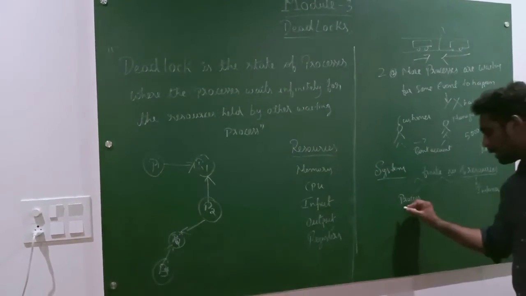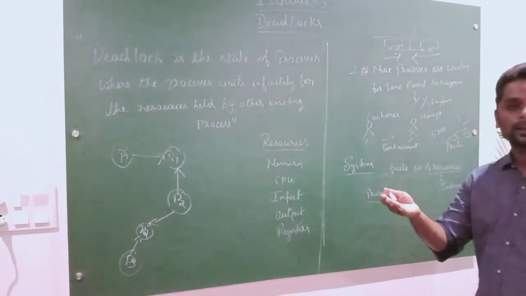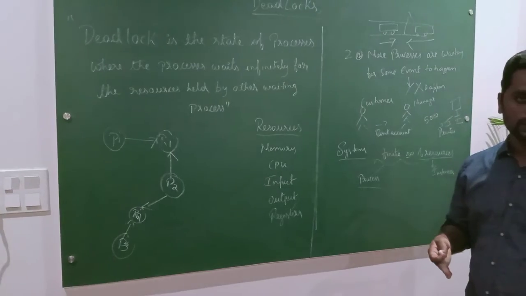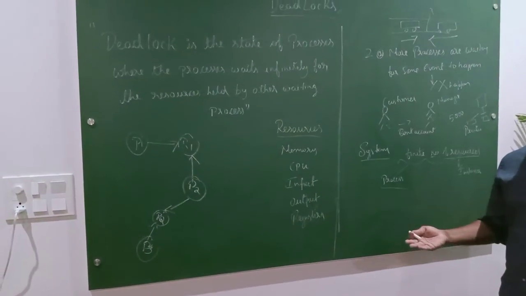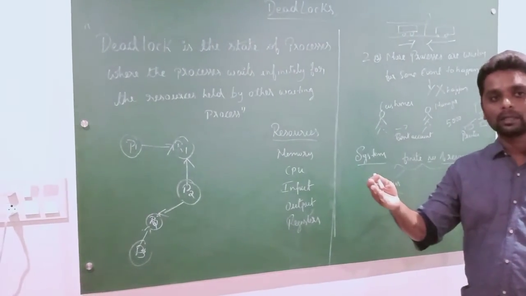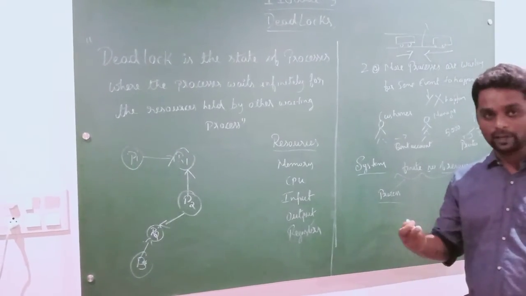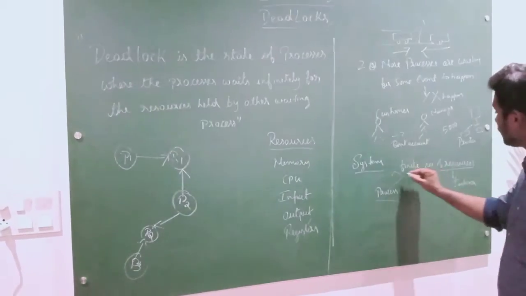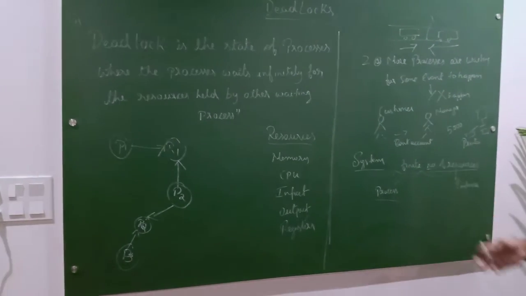A process can request whatever number of resources is present in your system for execution, but it should not exceed the number of resources available in the system. It can only request within those available resources.